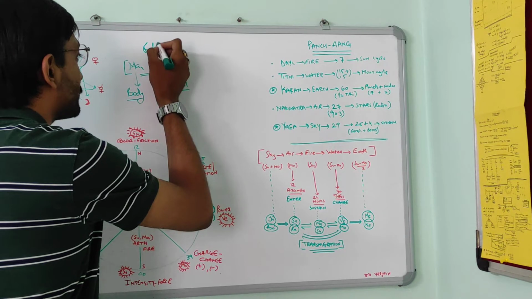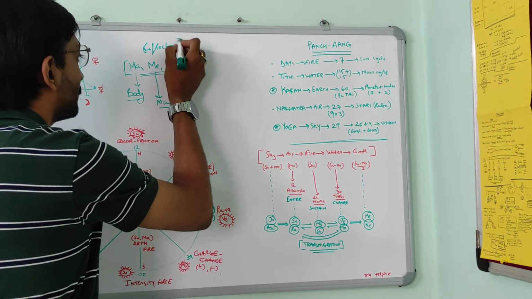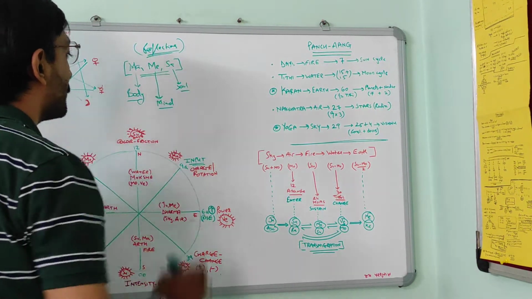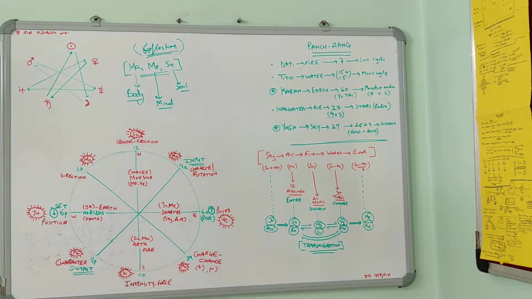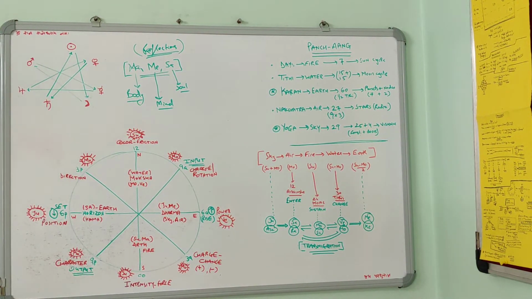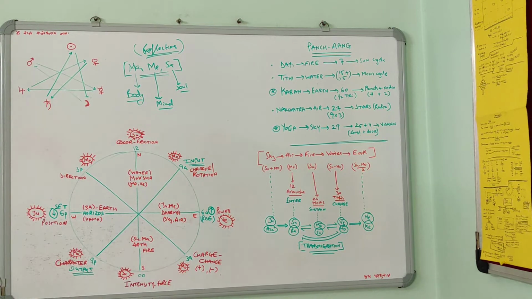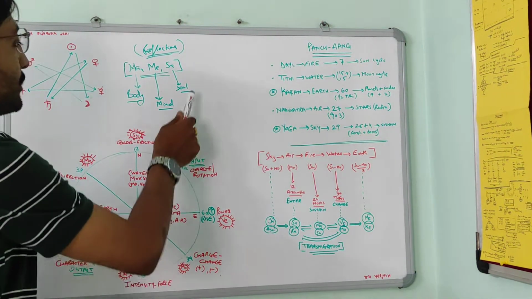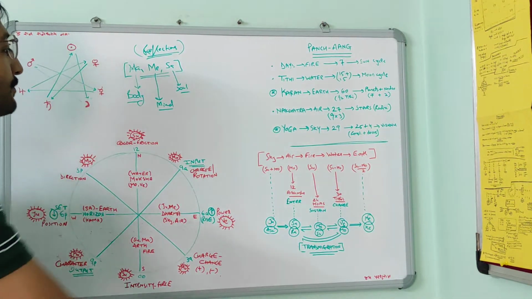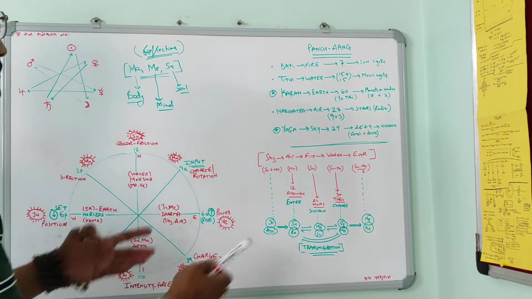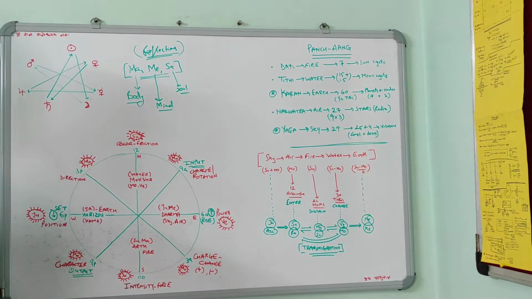These are the reflections. Okay. Mars is the reflection of your body, Mercury is the reflection of your mind, and Saturn is the reflection of your soul. It is because of your karma you have got a soul. Okay, it is because of your karma you got the specific soul. That is why Saturn is the reflection of your soul.